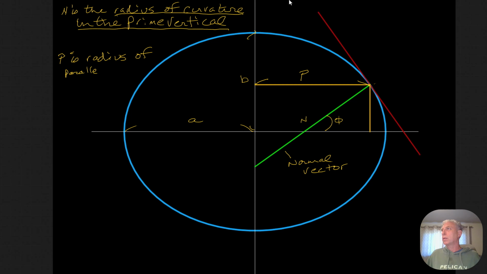Radius of the parallel of latitude on the ellipsoid. Phi is geodetic latitude. I'll put it down here in the bottom right. Phi is geodetic latitude.